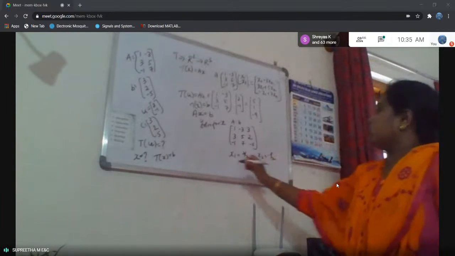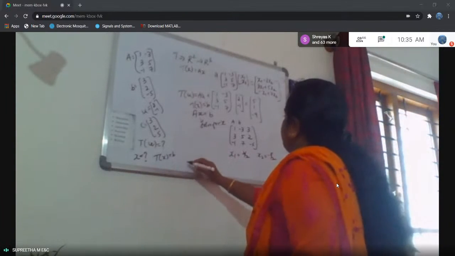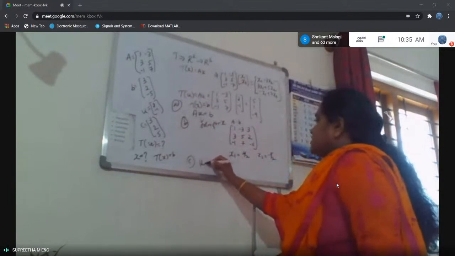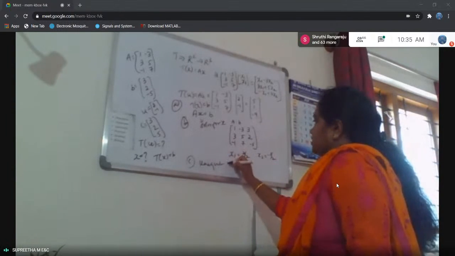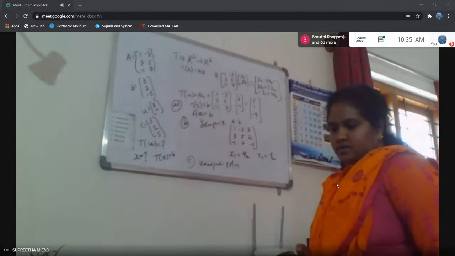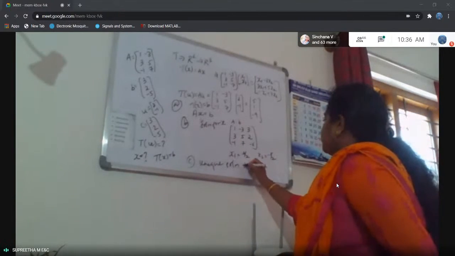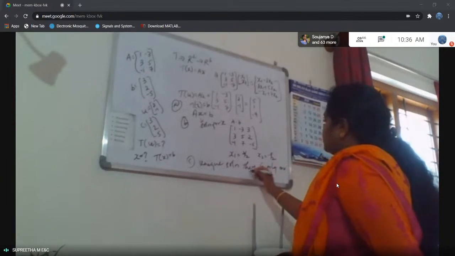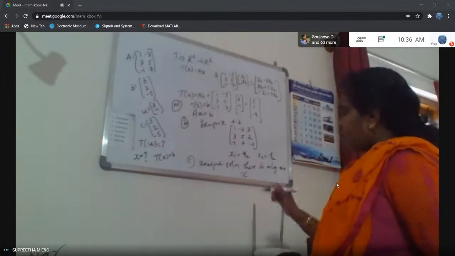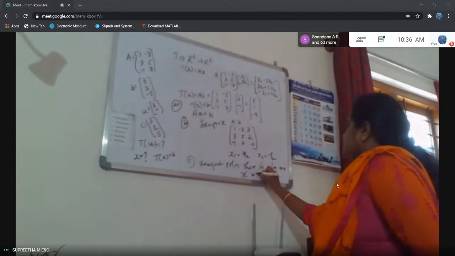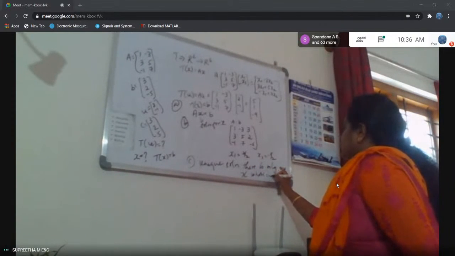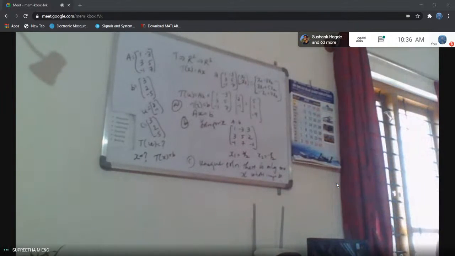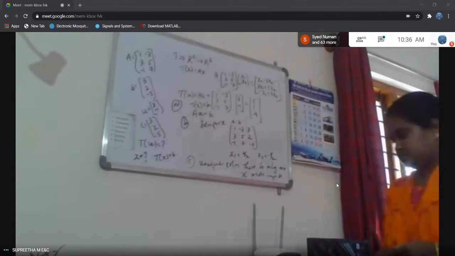So since I have got a unique solution, this is for part C, this is for B and this is for A. So since I have got a unique solution, there is only one x whose image is B.